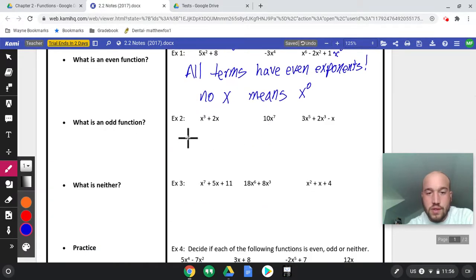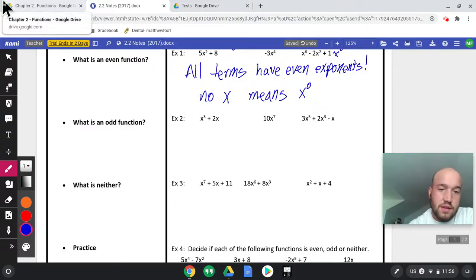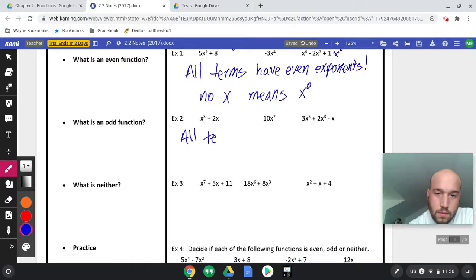Now, odd functions. That instead is that all terms are going to have odd exponents. And so if we look at this first one, we've got x to the 3rd.